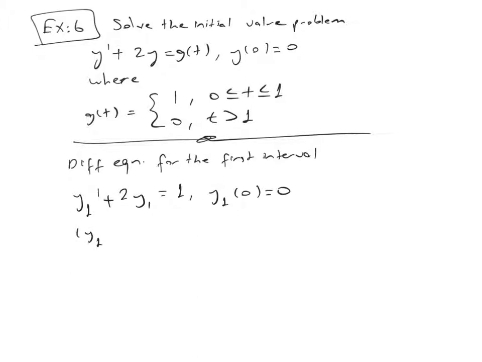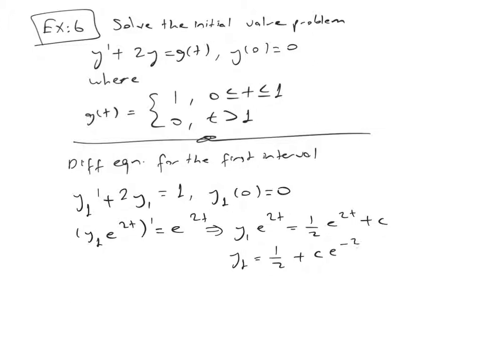So y1 times e to the 2t, prime, is equal to e to the 2t, and from here y1 times e to the 2t is equal to 1 over 2 times e to the 2t plus the constant c, and y1 is equal to 1 over 2 plus c times e to the minus 2t, where y1 of 0 is equal to 0, and by using this initial value we will find the constant c.